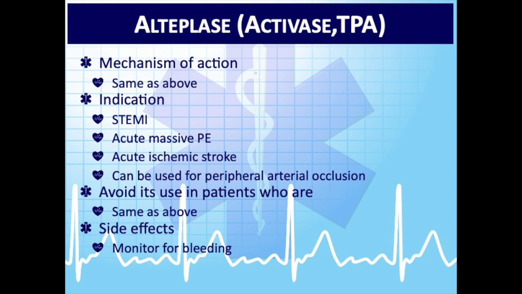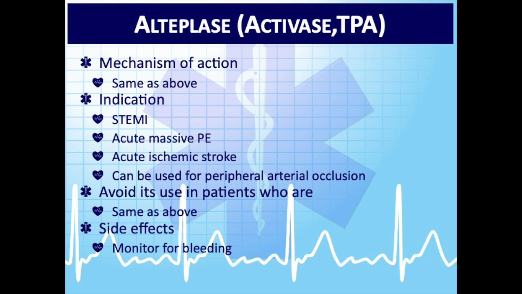There's a lot of warnings and precautions. This one is not so specific to the coronary arteries, so that's why you don't really use it for an ST elevated MI, but it gets into systemic circulation, so it's used primarily for ischemic stroke. In these patients, you always want to monitor for bleeding.